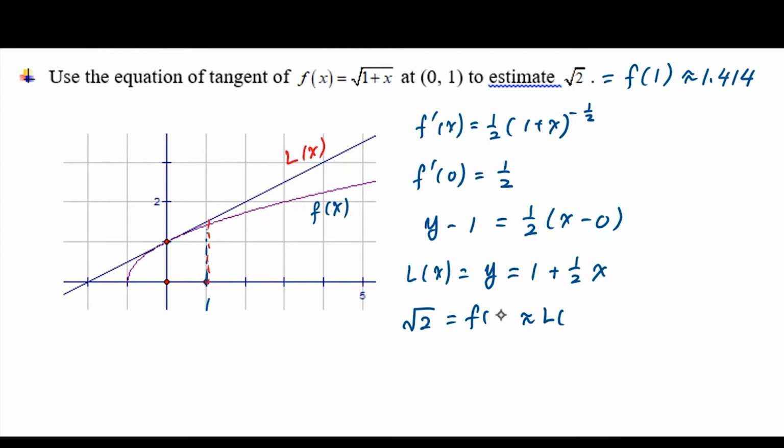Square root of 1 plus 1, f of 1, is square root 2, which is approximately the same as L of 1. Do you see that? This gap between the two functions is pretty small. So we plug in 1 to here, then we get 1.5. And compare this to the actual value, and see that the error is not that big. You know what I'm saying?